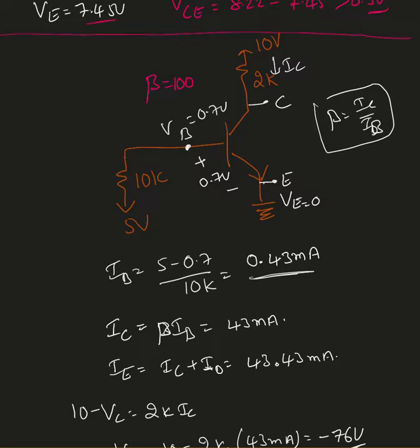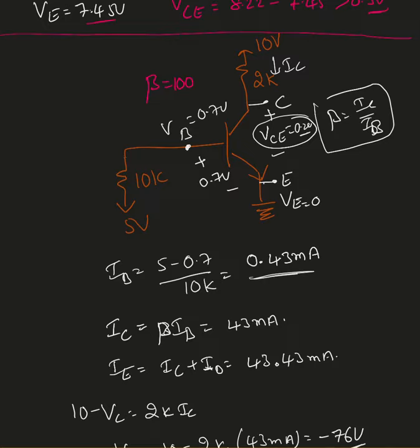In saturation, both junctions are going to be forward biased, both junctions in the NPN transistor. So in that case I take VCE equal to 0.2 volt always.